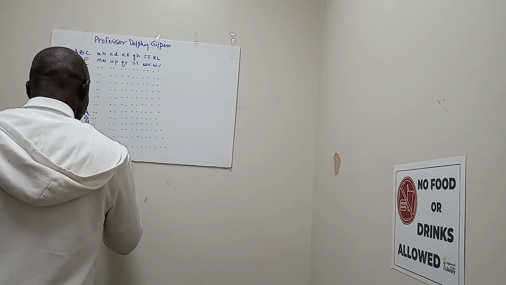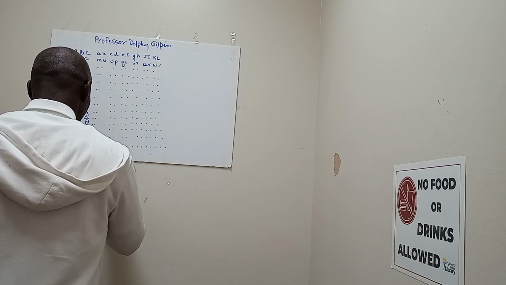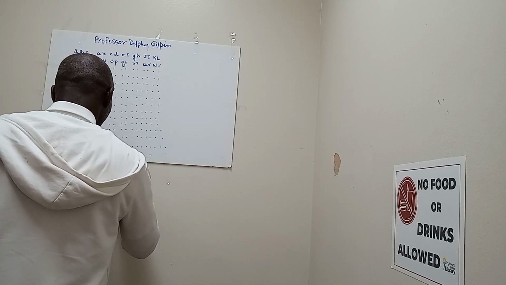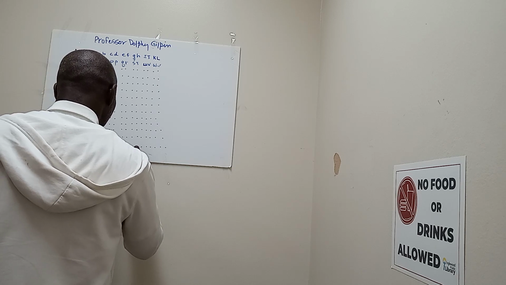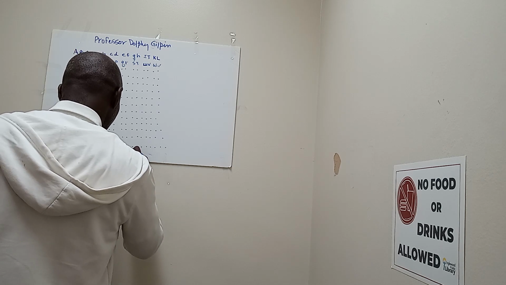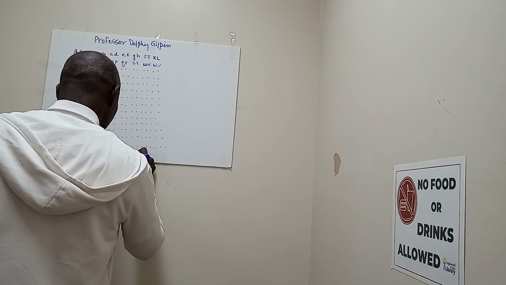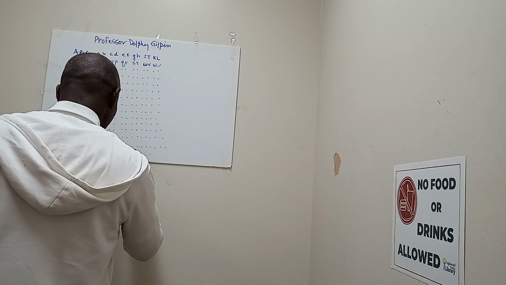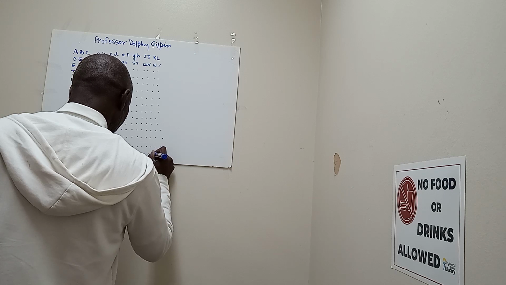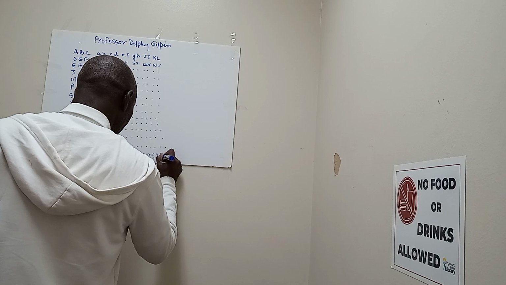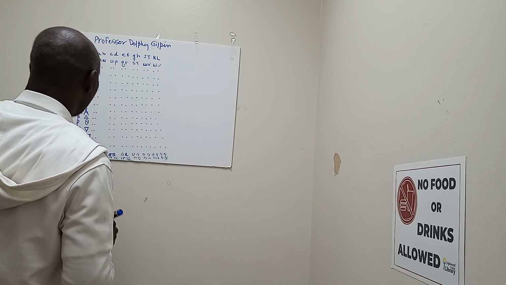Or rather, let's use A11, and A12, A13, and A14, A and A. So we have here 1, 2, 3, 4, 5, 6, 7, 8, 15.